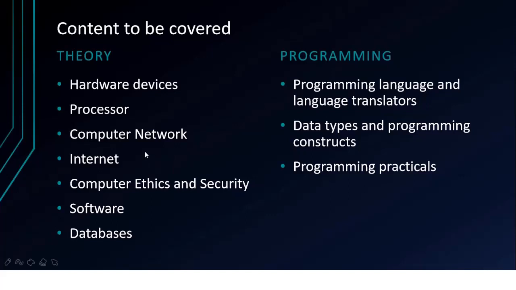The fun will continue on when we start mastering computer network, internet, computer ethics and security, software, and databases. We will then switch to programming, where we will first have the introductory lesson to programming languages and language translators. After having mastered that, we will get on data types and programming constructs, and then spend most of our time developing functional programs and small applications using Python programming language.